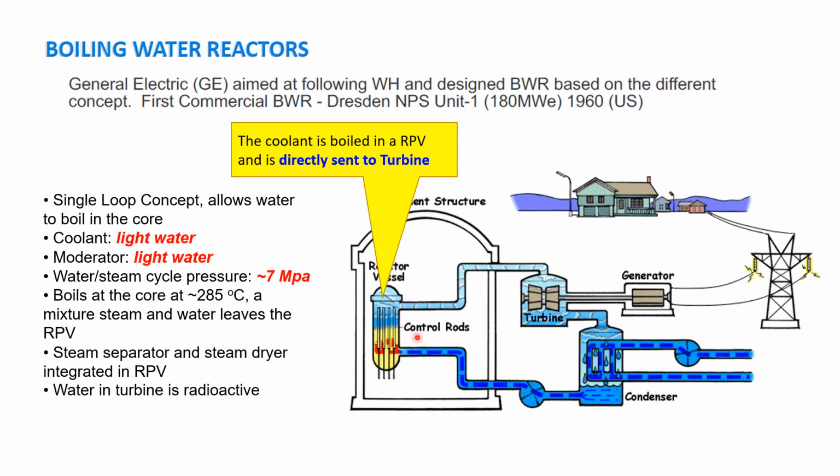Your coolant is light water, your moderator is light water, your steam cycle pressure is just at 7 megapascals. It boils at the core at 285 degrees Celsius. A mixture of steam and water leaves the RPV. The coolant is boiled in an RPV and is directly sent to the turbine, thus making your water here radioactive.